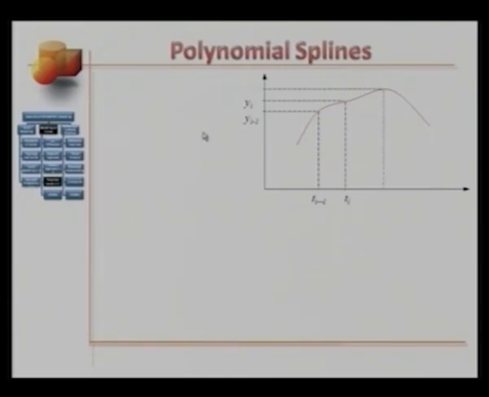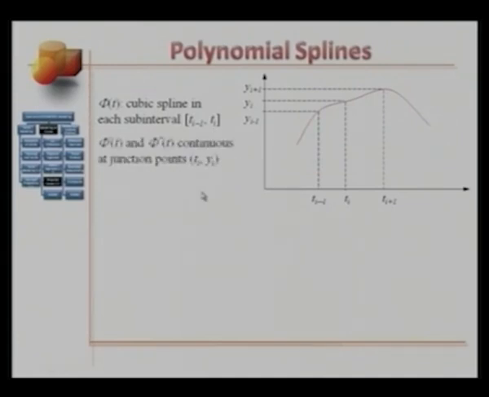Likewise, at t_(i+1), we have the value y_(i+1), and so on and so forth. Let's say these ordered pairs are given to us, and we have to construct a generic spline. Let's say that we are going to be constructing phi(t), which would be a cubic spline in each sub-interval t_(i-1) to t_i. What would this mean?